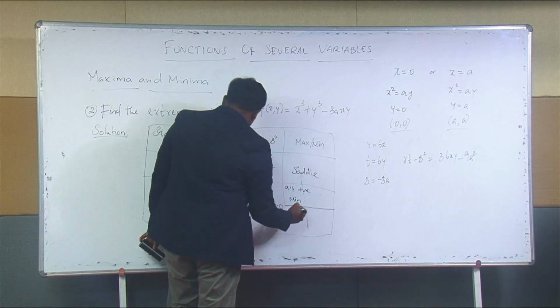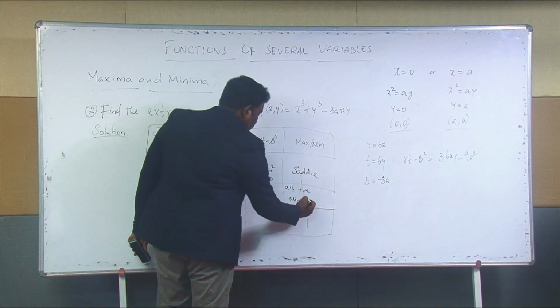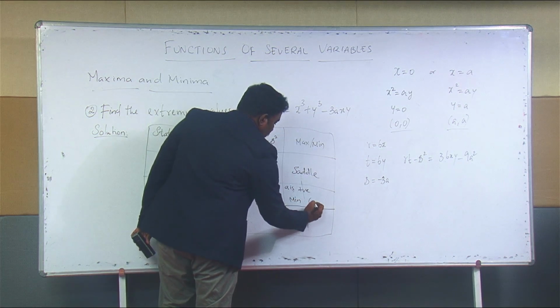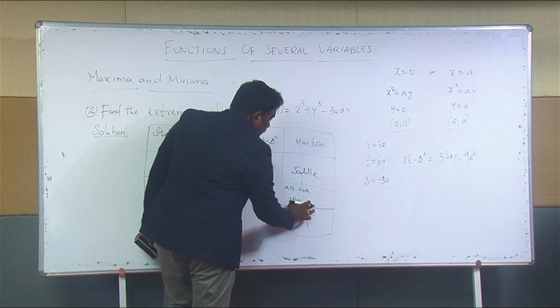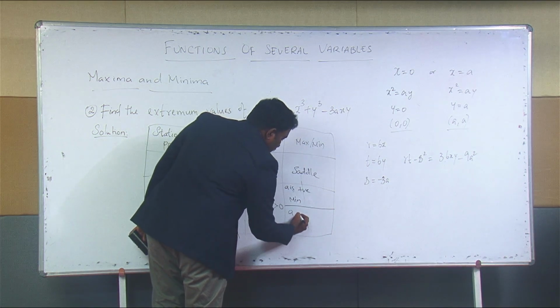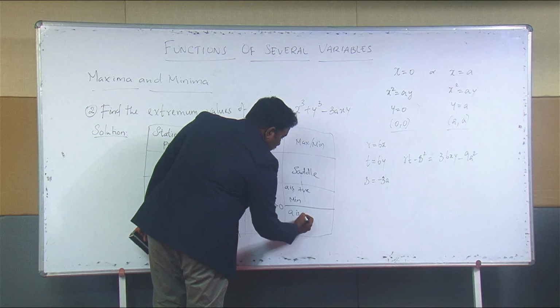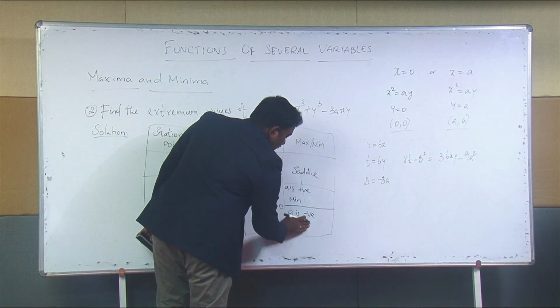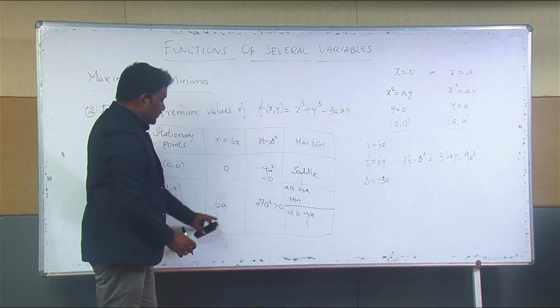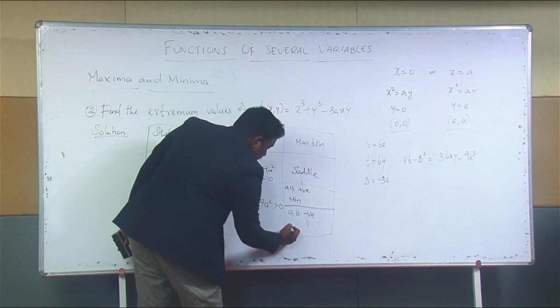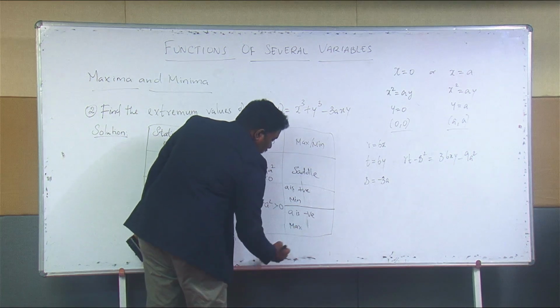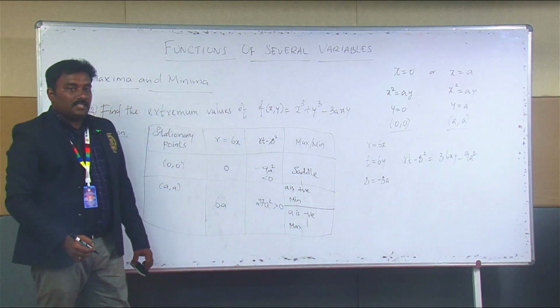And the next one is, if you take this a as a negative value, this 6a also will become negative. So we get the maximum value from this, right?